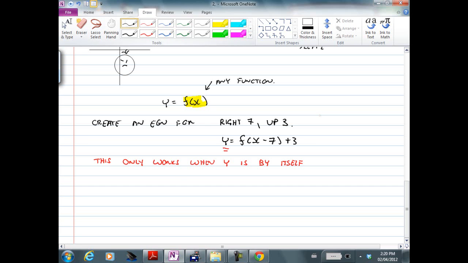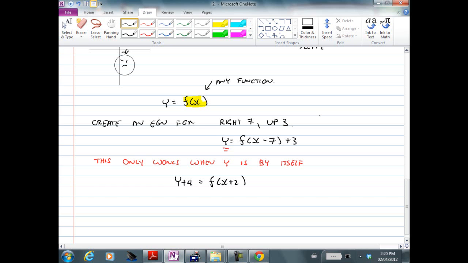If I give you something like this, y plus 4 equals f of x plus 2. In this question, tell me in English what happens. What does the plus 2 do?